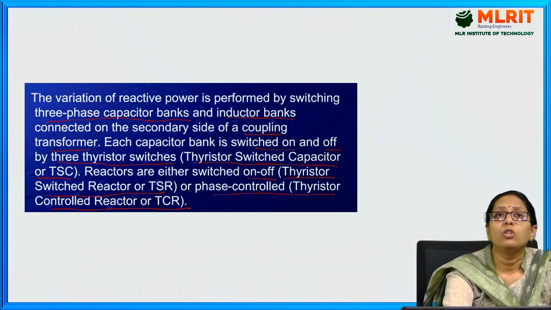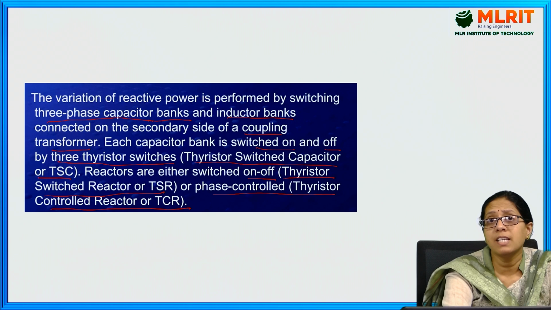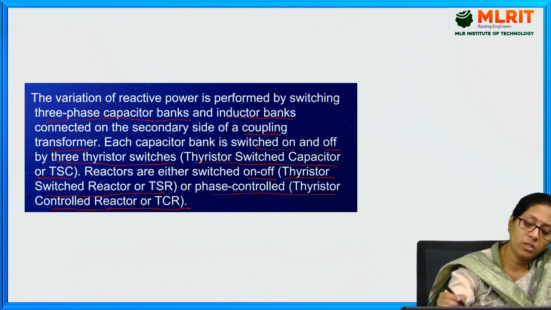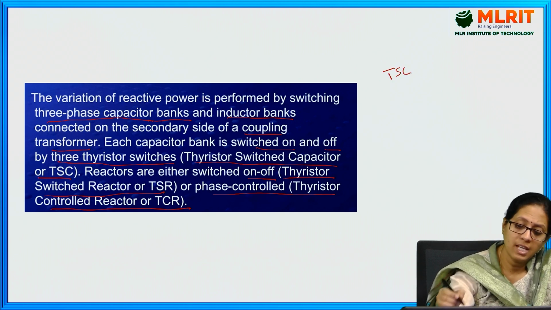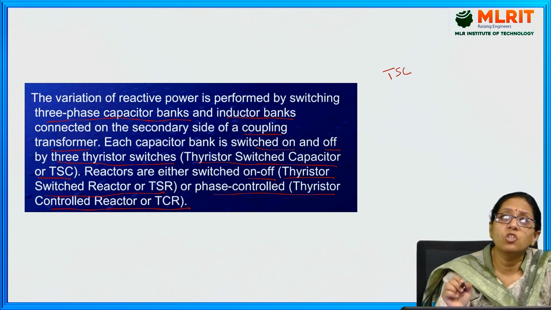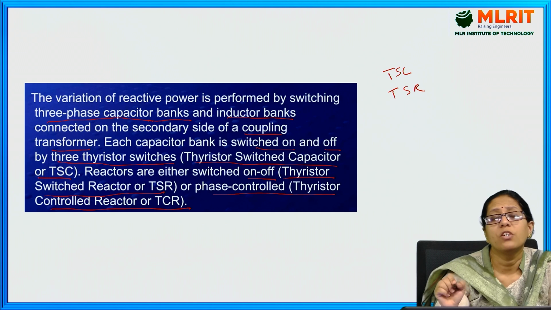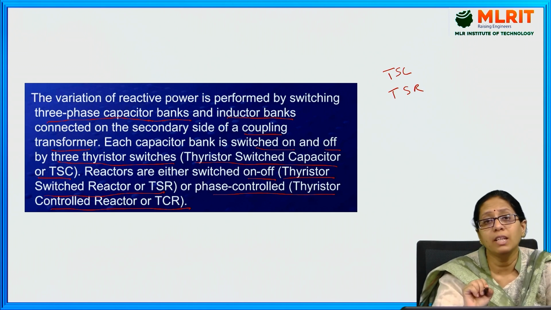That means you can control the capacitor banks as well as switch the reactors on or off. So the first one you will call TSC, that is thyristor switched capacitor, and the second one you will call TSR, that is thyristor switched reactor, in order to control the reactor.